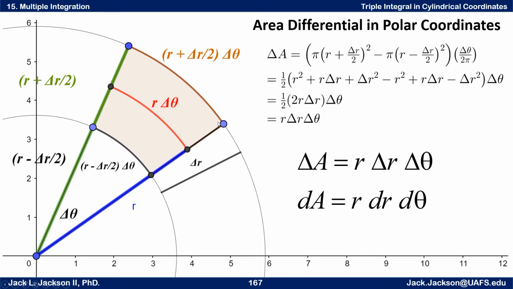And then it's proportional to the central angle, which is delta theta. A full angle all the way around would be 2 pi. So it's the ratio of that central angle to the full circle times that area.